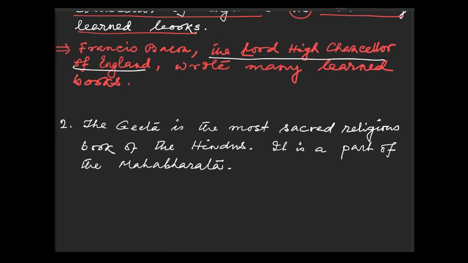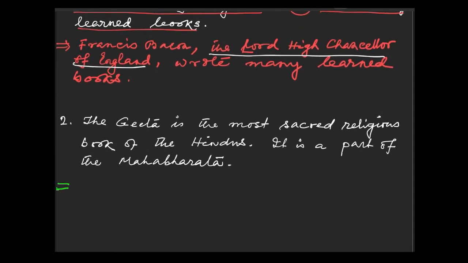Now come to this and see. The Gita is the most sacred religious book of the Hindus. It is a part of the Mahabharata. It can be done in two ways.